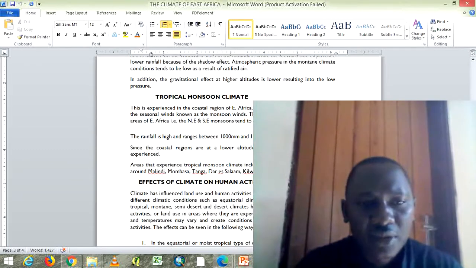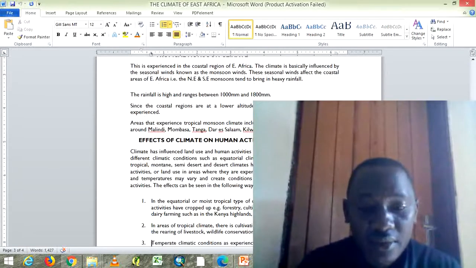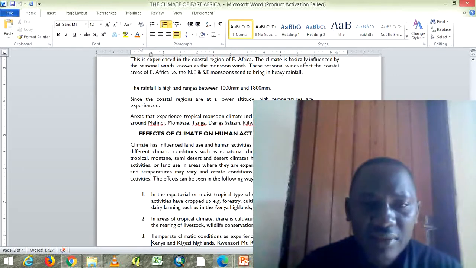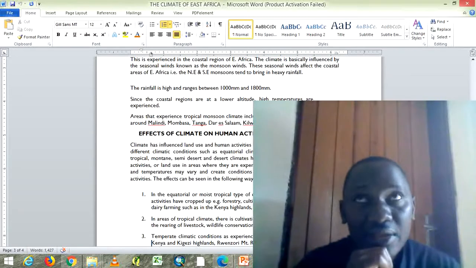Areas that experience the tropical monsoon include areas along the coastal belt, around Malindi, Mombasa, Tanga, Dar es Salaam, Kilwa, etc. So those are the major climatic zones experienced in East Africa. And therefore, from that kind of classification, you are now aware that the climate of East Africa is not truly equatorial.